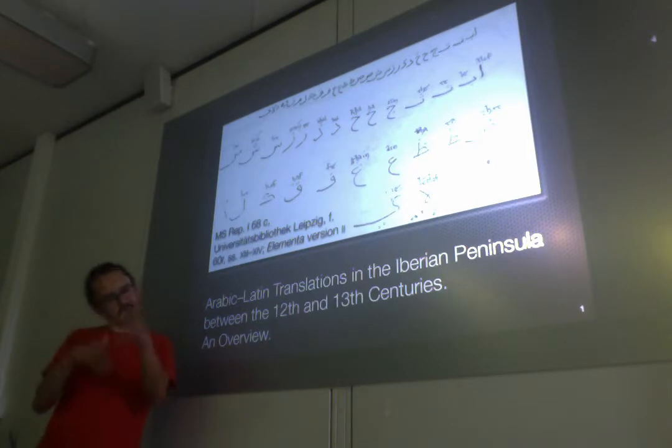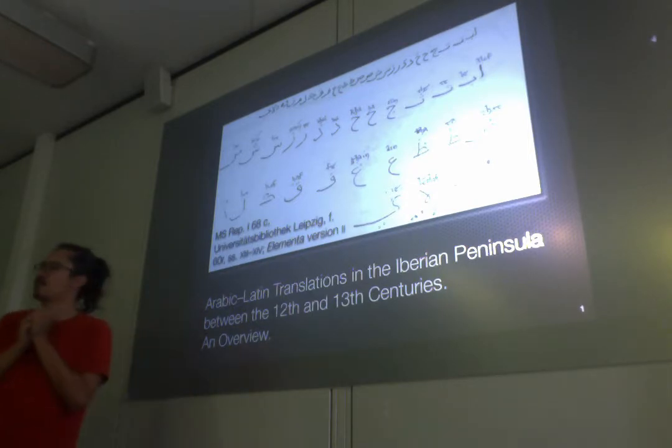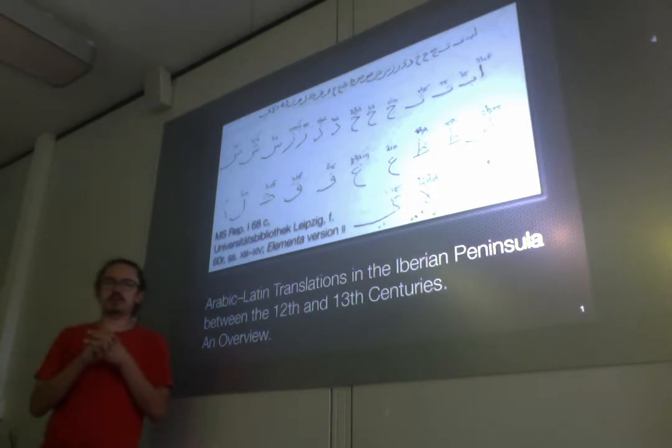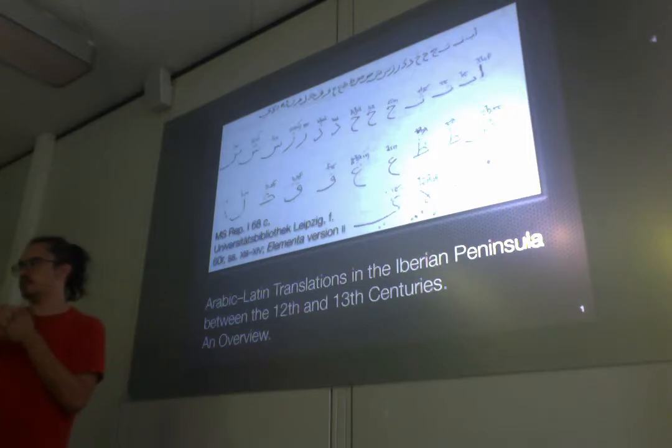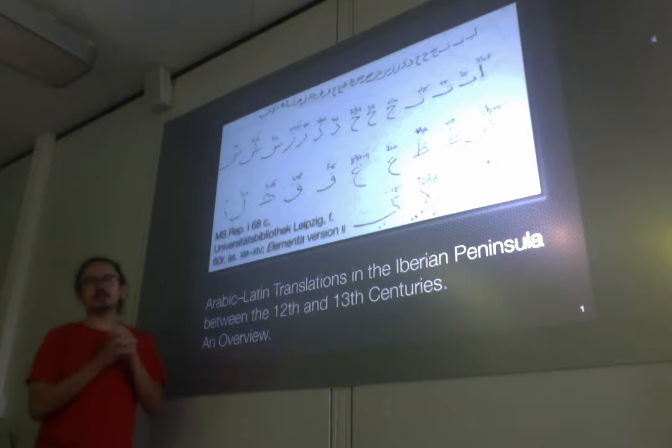Well, I'm still developing this project, but this is the idea: to have a comparative analysis between the first two full translations of the Quran into Latin.